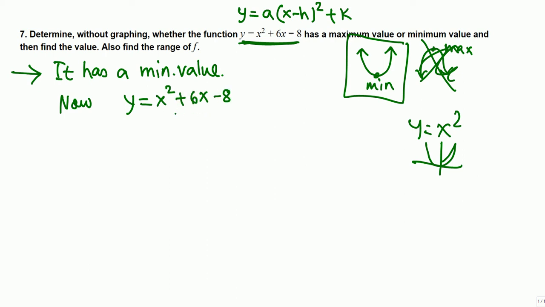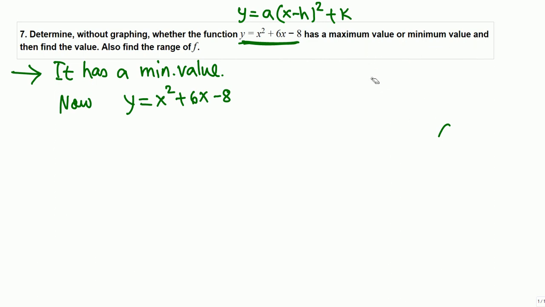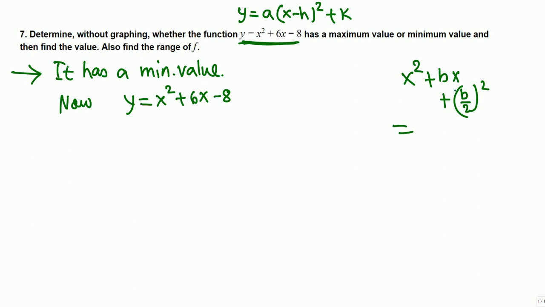We need to complete the square on the right hand side. So x squared plus bx: to complete the square all we have to do is add half of b, so b over 2 quantity squared, and when we add we have a trinomial, so when we factor it becomes the quantity x plus b over 2 squared.